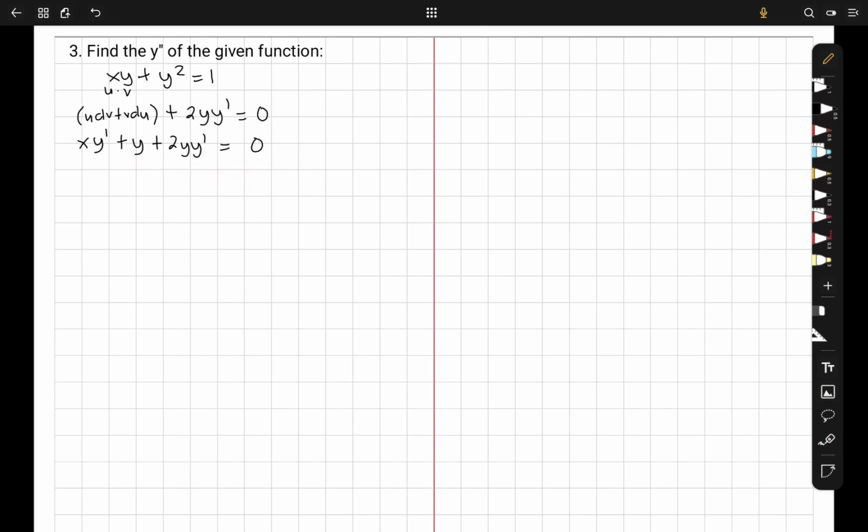So, that will be x, y prime plus 2y, y prime is equal to negative y. Siyempre, factor out natin yung y prime. That will be x plus 2y is equal to negative y. And divide natin both sides by x plus 2y. Then, ito rin, x plus 2y. Siyempre, ito, makakancel out.